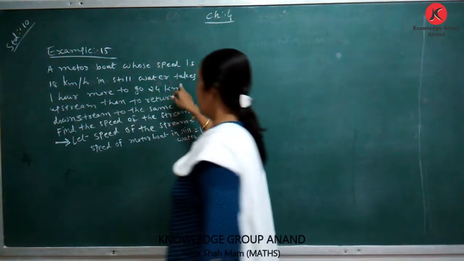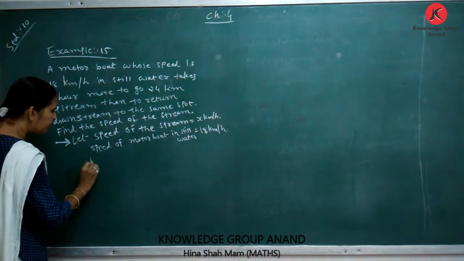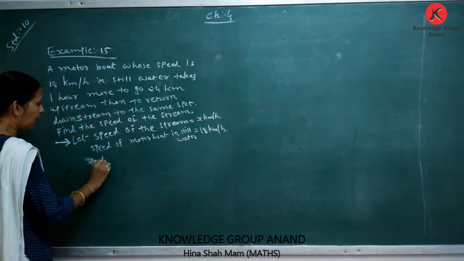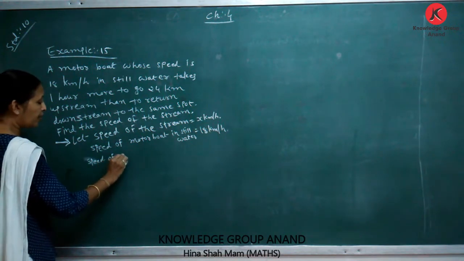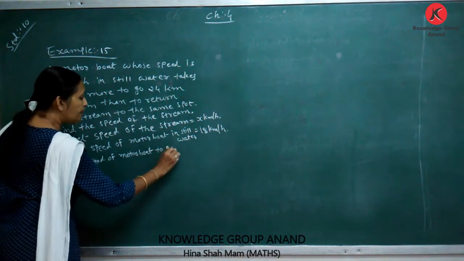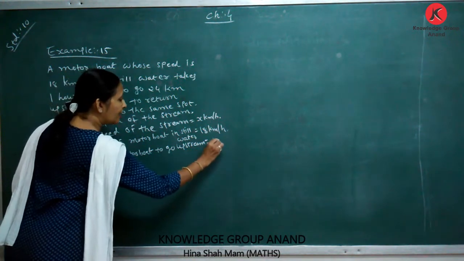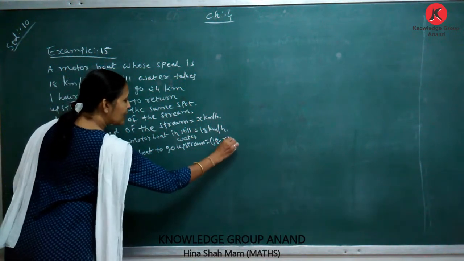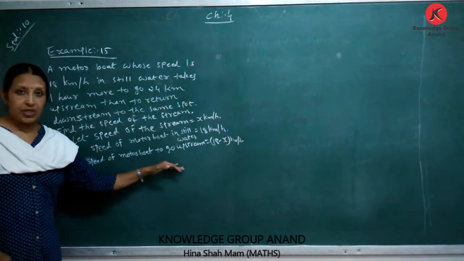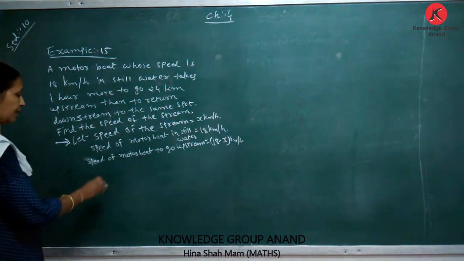Here, speed of motorboat to go upstream is equal to 18 minus x kilometers per hour.